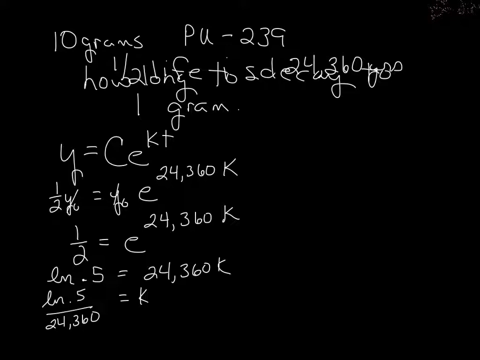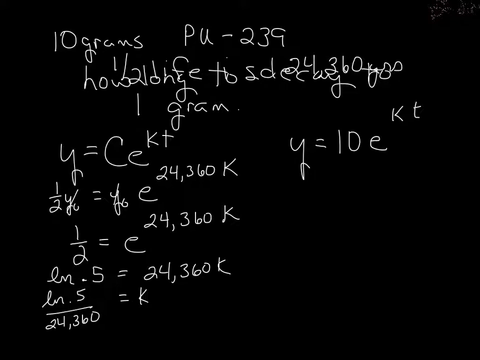So now we've got K. We know our initial amount is 10 grams. So y equals 10e^(kt). I'm just going to put k because I do have a value for that. In fact, if you wanted to in your calculator, you could store that value as k or a or whatever.